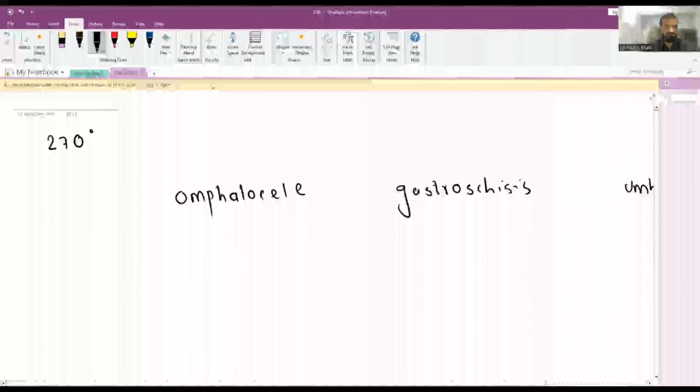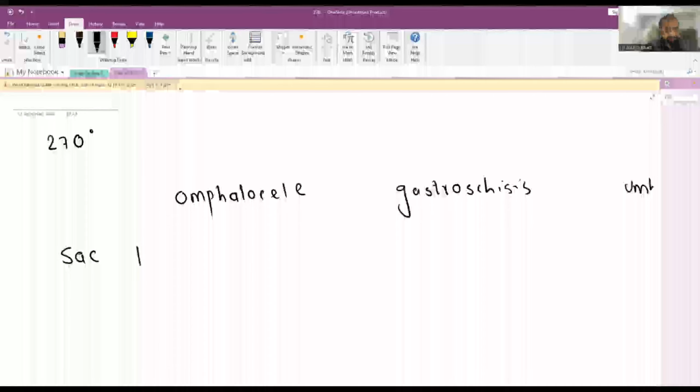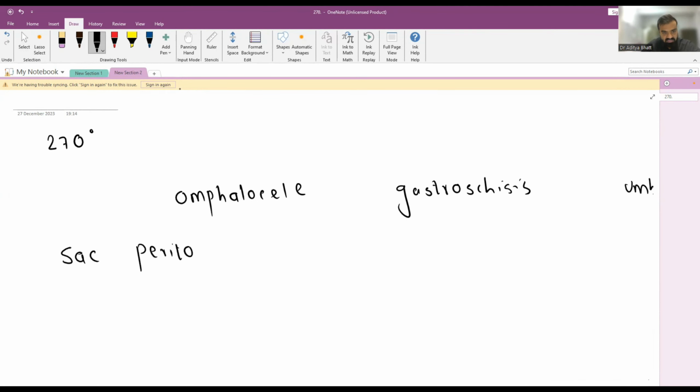Firstly, you have to understand that omphalocele has a sac. Omphalocele has a covering; the gut is not lying outside. There is a covering of peritoneum, a covering of Wharton's jelly, and a covering of amnion.